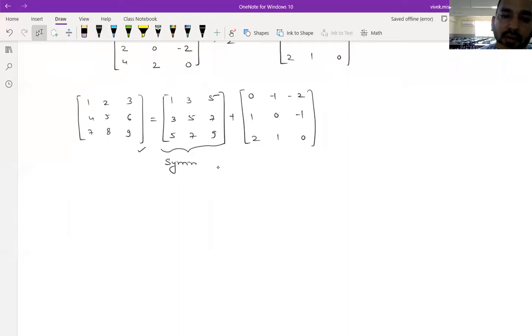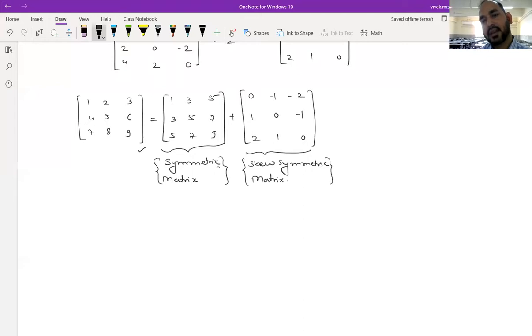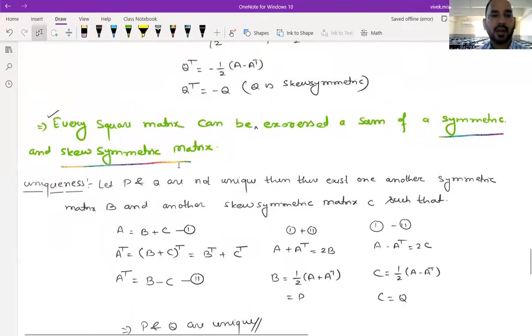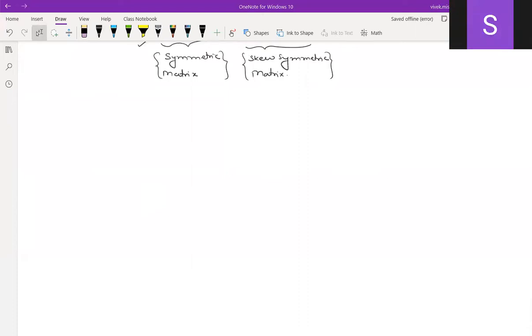This is the symmetric matrix and this is the skew symmetric matrix. So we expressed A as the sum of a symmetric and skew symmetric matrix. Now tell me what is the next question. Done. So that exercise is done. Now shall we go to the next exercise?